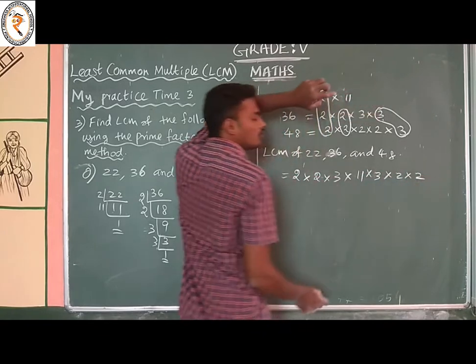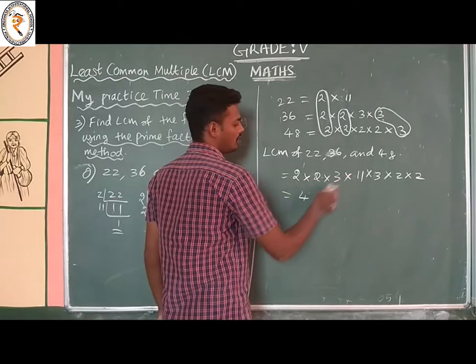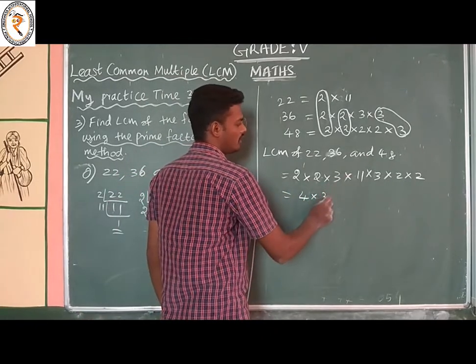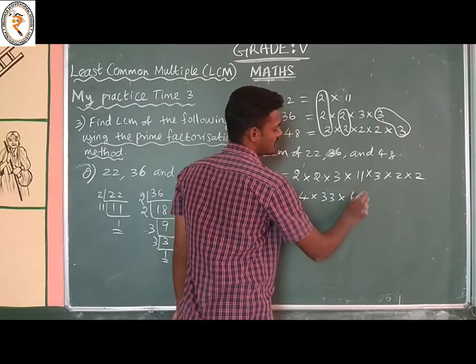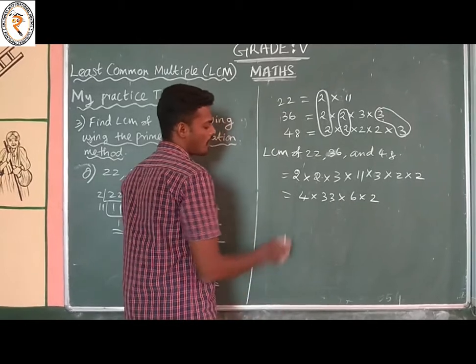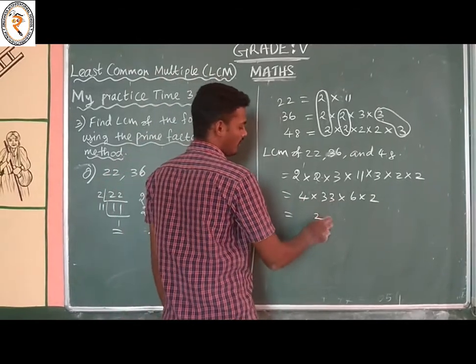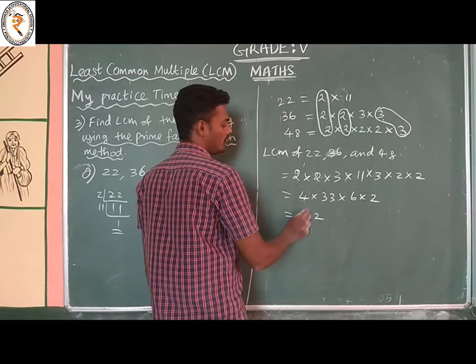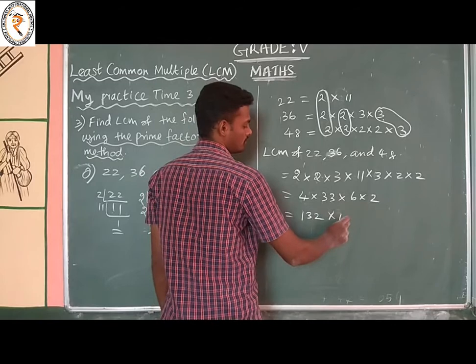So 2 2s are 4, 4 3s are 12, balance 1, 11 plus 1 is 12. Then 6 2s are 12.